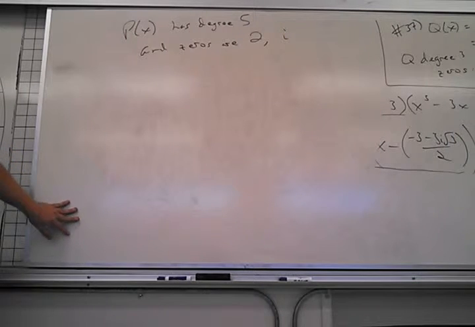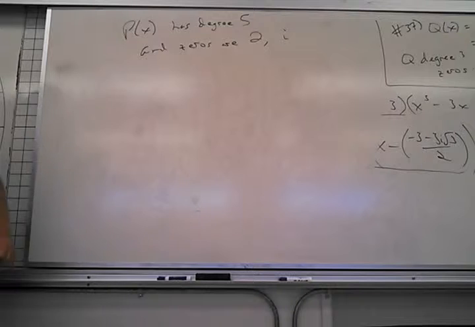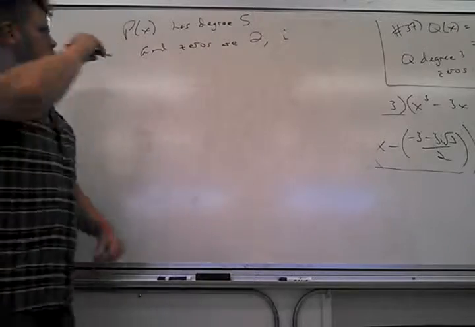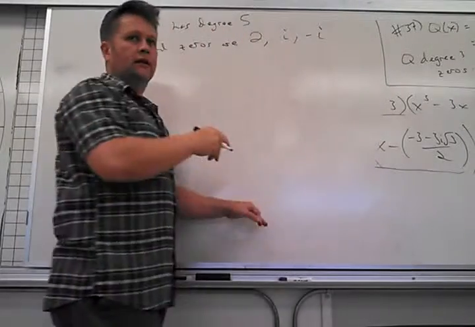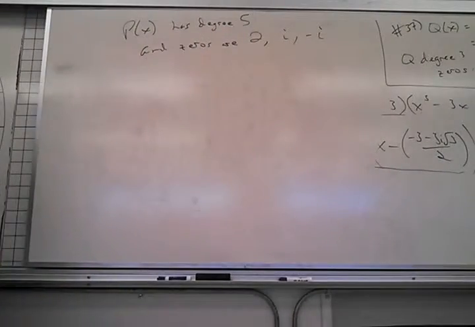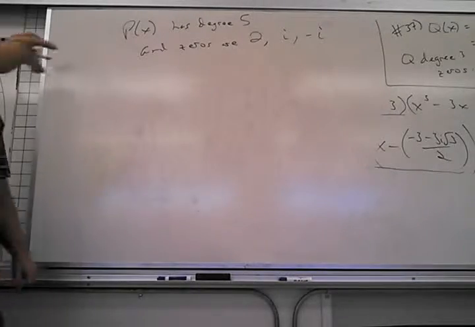Now what doesn't jive there? I know right off the bat, if it has a 0 of i, it's got to have a 0 of negative i. So right off the bat, I have one more. Is that enough? No. So I bet you anything that the 2 has to be repeated how many times? 3 times. To make a total of 5.